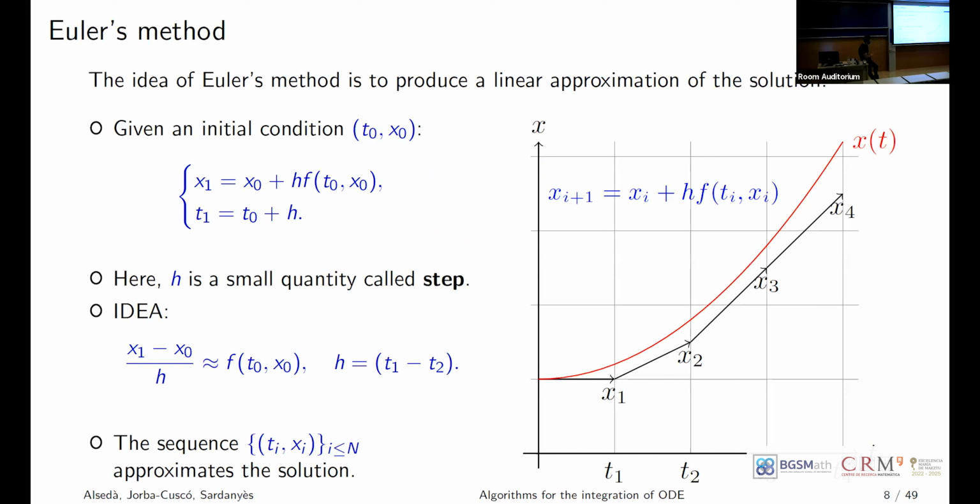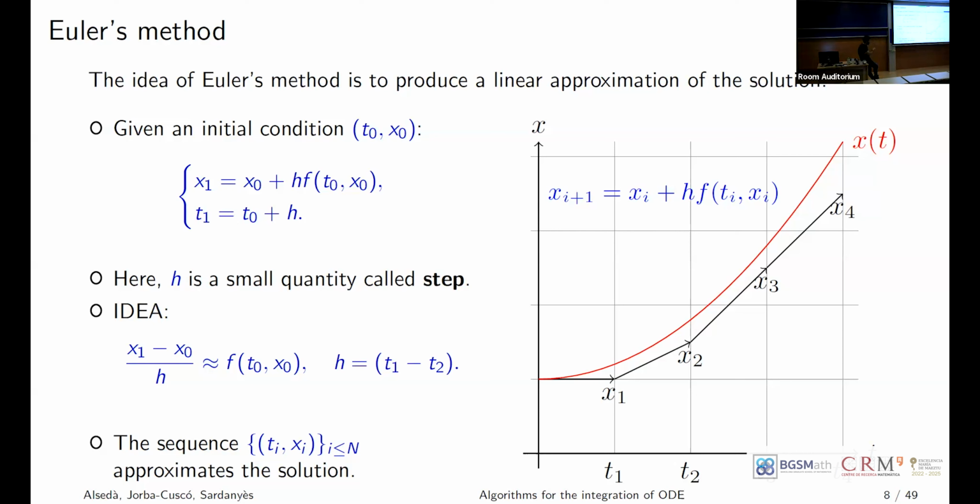We have an initial condition here, and then we want to predict the next step of the flow, or the next step of the solution, the solution evaluated at some time t1, which is t0 plus some h, and h is going to be a small number. h is going to be the step for all this lecture. So in any method, h is a step, which is a small number.